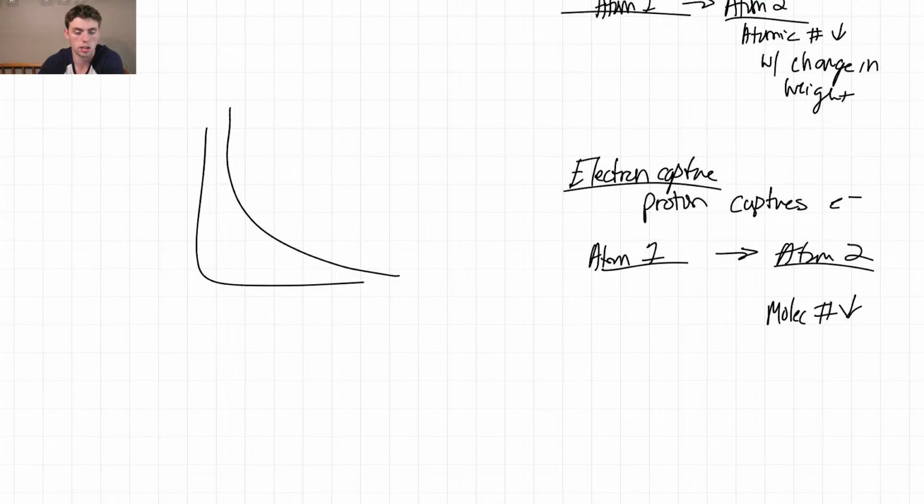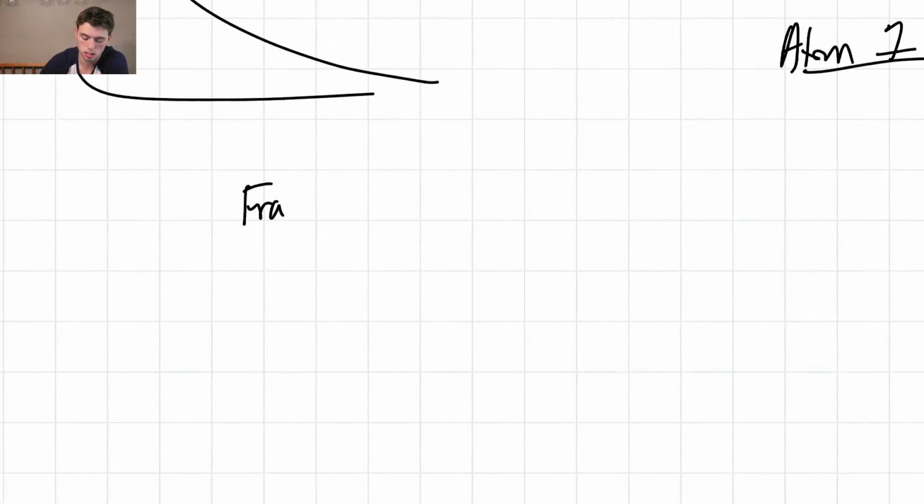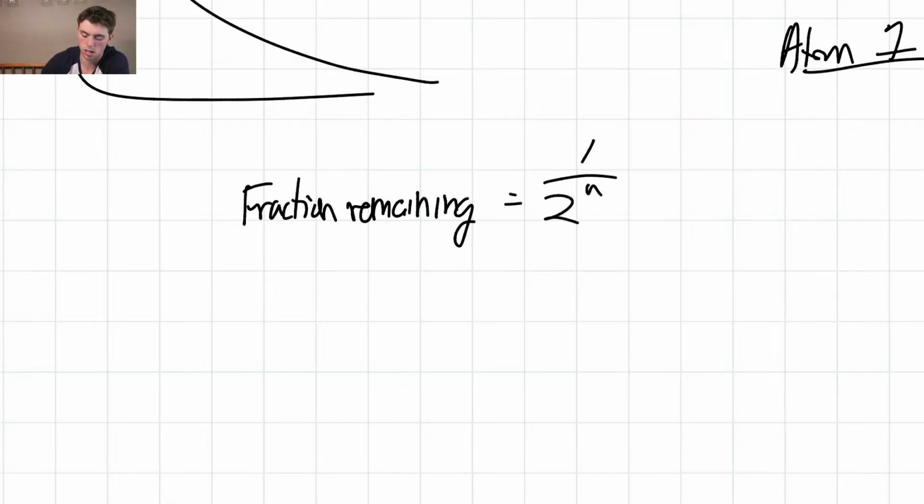And it just keeps going and you measure it in half-lives. It's not super important. All you really need to know is the beta decay, all that stuff. The half-life calculations are pretty easy if you just do fraction remaining equals 1 over 2 to the n, because it's that exponential decrease.